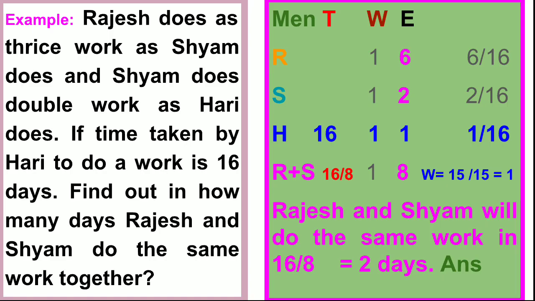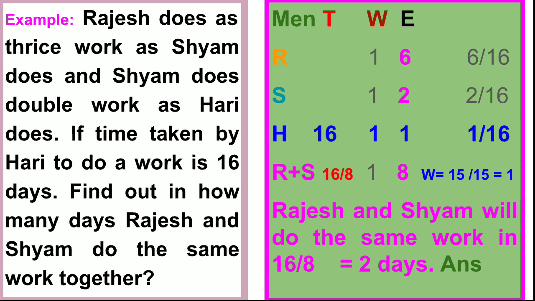Let us take one more example. Radhe does as thrice work as Shyam does, and Shyam does double work as Hari does. If time taken by Hari to do a work is 16 days, find out in how many days Rajesh and Shyam do the same work together. Let us see the solution. Men, Rajesh, Shyam and Hari.